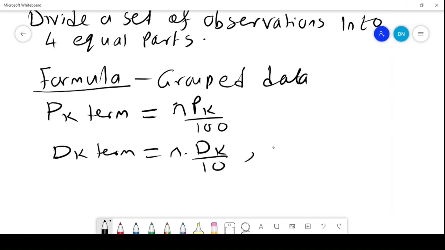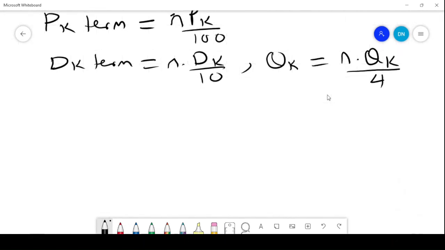And that means also the quartile terms, the Qk term is n times k over 4. So that's what we want to keep in mind. And since we are dealing with grouped data, we can then look at the general formula, and we'll use the formula that helps us to find the median.